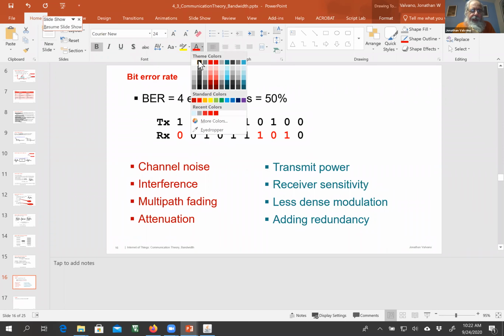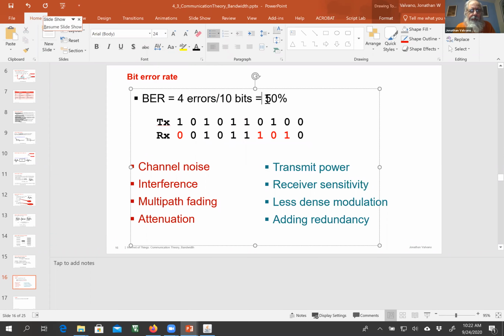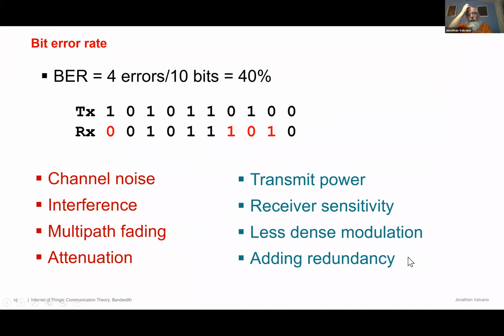It's ambiguous whether it means the accuracy rate or the error rate, but they mean the error rate. So the probability in this context is 4 bits out of 10 got flipped.